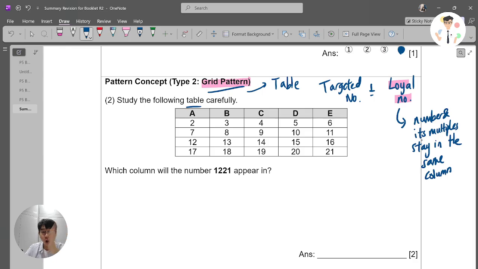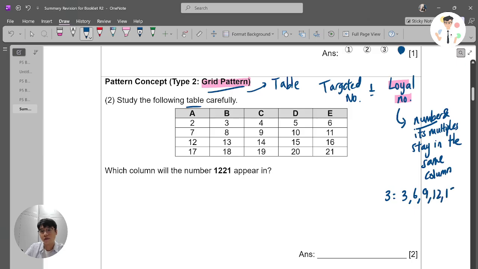Again, same column means that it will always stay at the same place. Now, for example, if I say the loyal number is 3, it means that 3, 6, 9, 12, 15, all of these will stick to the same column. Example, if 3 is in column A, 6, 9, 12, 15 will all be in the same column.